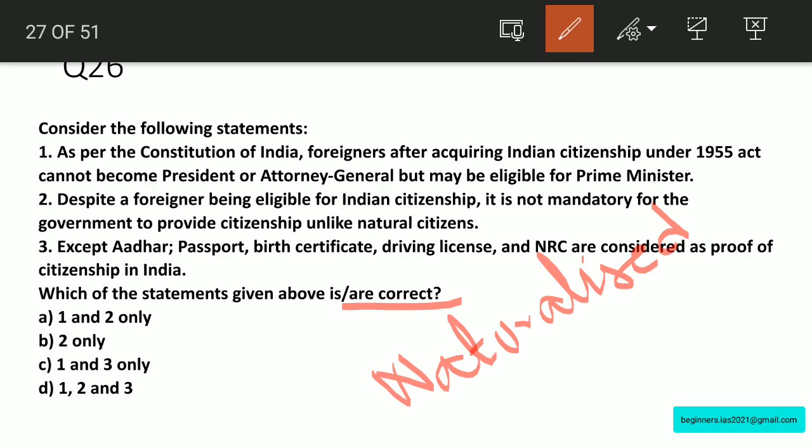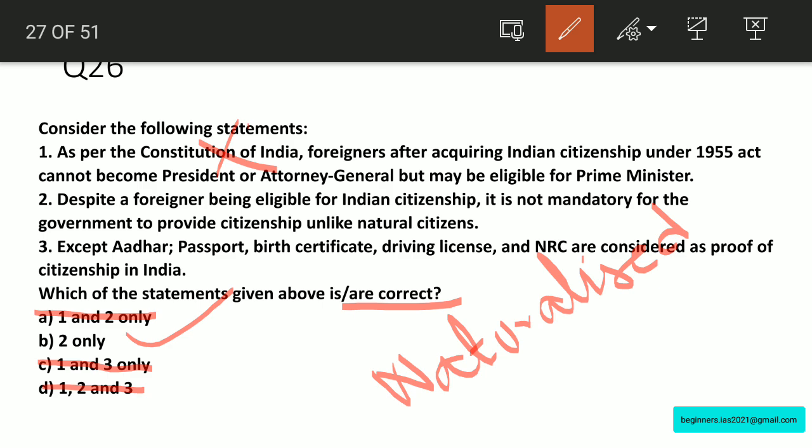See here, there is no mention of any criteria for Prime Minister. Therefore, this statement is obviously wrong. You can eliminate D, C and A. So, we are deriving an answer by the elimination method itself. B, 2 only is the answer for this question.